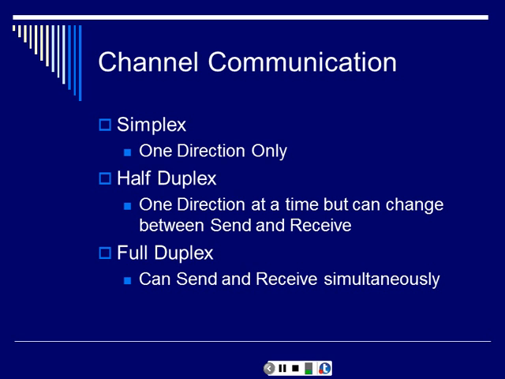Okay. Now, full duplex is like a telephone. It's like a home phone and not an internet phone. If you're talking, somebody can interrupt you. You can hear both ends of the conversation. Cell phones, I don't know what the heck they are. They are somewhere between half duplex and full duplex. But you can get people on the phone, and I swear they can't hear you trying to interrupt.